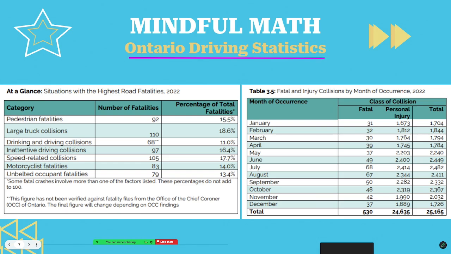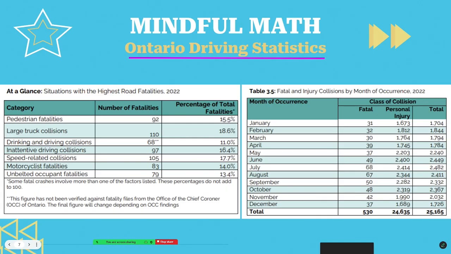I wanted to pull these up to let you know that this is our Math for Everyday Life course, and this is something that most of us do every day. We're driving. We want to know the costs of driving. Sometimes it's a fee, it's a fine, sometimes it's something much heavier.